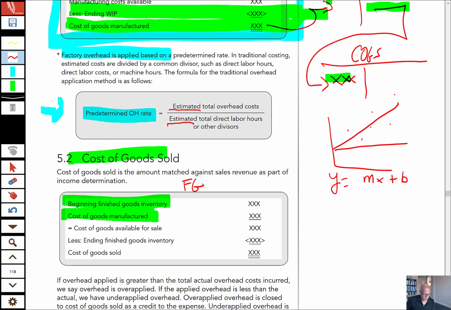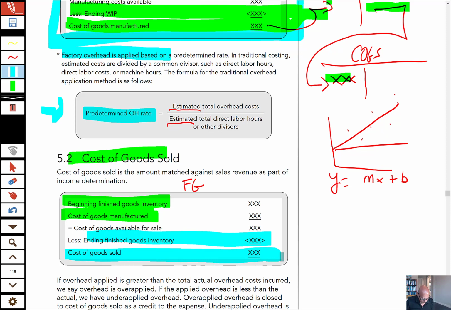So to get to the cost of goods sold, you analyze finished goods by saying beginning inventory plus the cost of goods manufactured, goods available for sale, less whatever is left in our finished goods, means that the cost of goods sold amount is what came out of the finished goods, right?